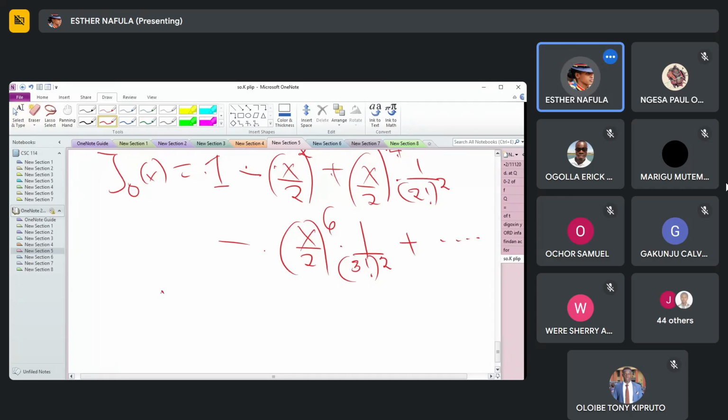We can obtain different values for J_0, starting with x equals 0. x equals 0 would imply J_0 of 0 is given by 1 minus (0/2) squared plus (0/2) to the 4th and so on, all zeros. So J_0 of 0 is equal to 1.